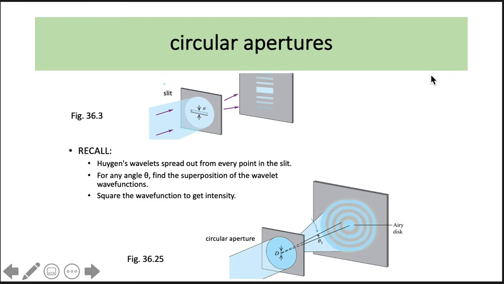This is important because lots of times what we're doing is looking at light through circular apertures. For example, the iris of our eye, the microscope, the telescope. So this is something that we have to contend with all the time, diffraction with circular apertures.